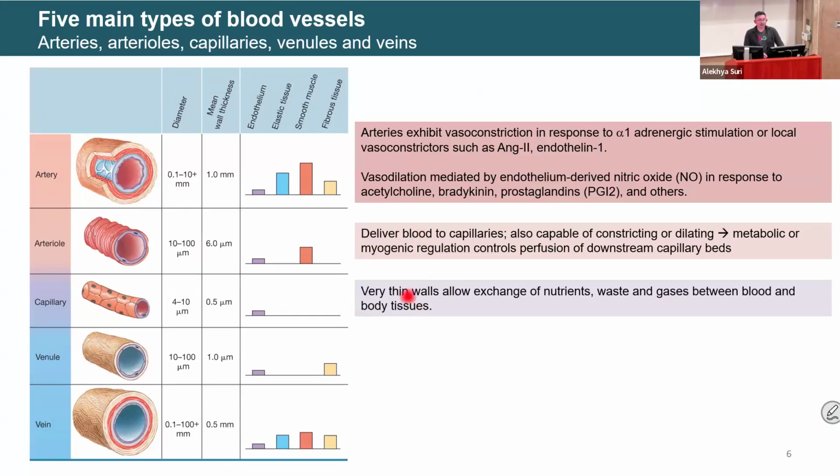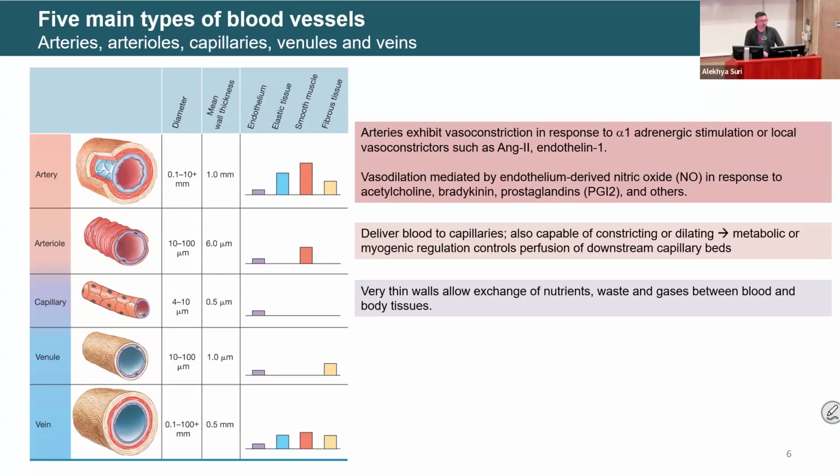Now capillaries have very thin walls. As you can tell, the thickness of the capillary is basically half a micrometer, and actually that's the thickest part of the capillary wall. There are parts in which the capillary wall can be 0.2 micrometers. And they're very tiny. So you see that the diameter of these vessels is between 4 and 10 micrometers. Just so you have an idea, the average diameter of a red blood cell is somewhere between 7 and 8 micrometers.